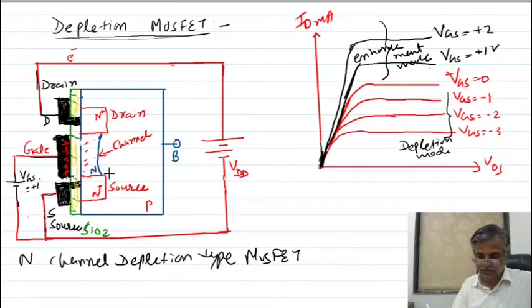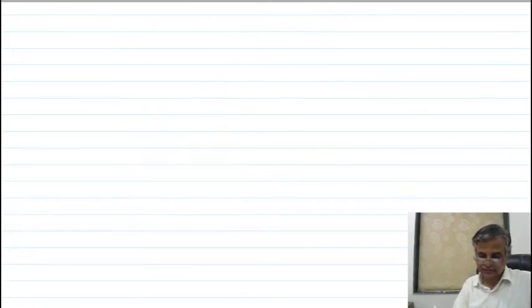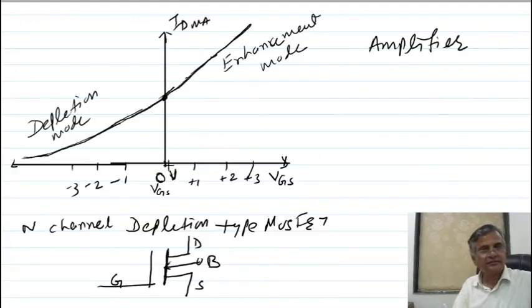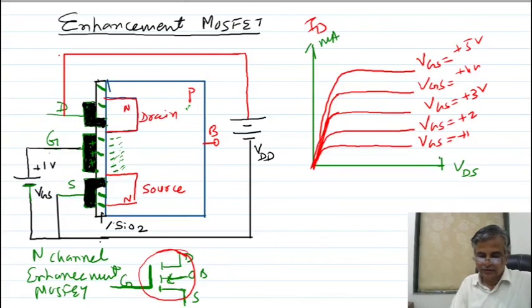You can give zero bias, give the AC signal, and you will get the amplified output. The enhancement type you can use as a switch.